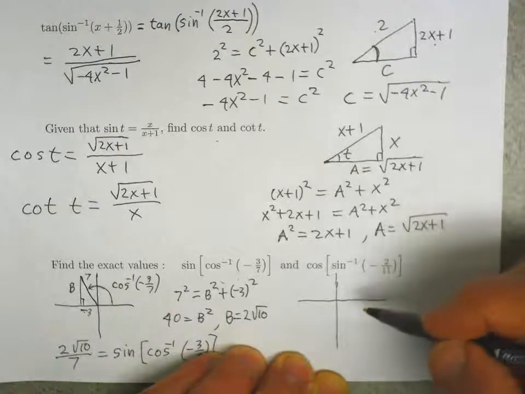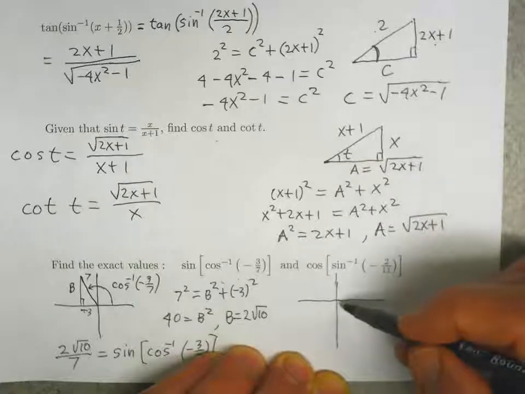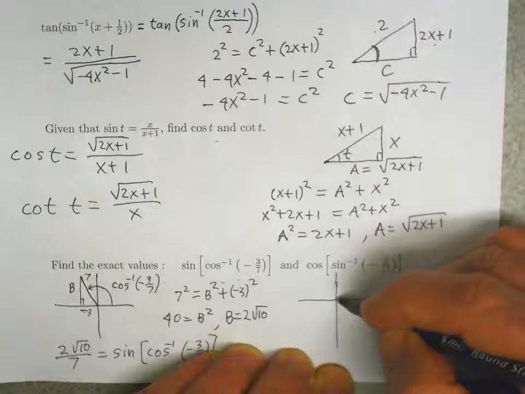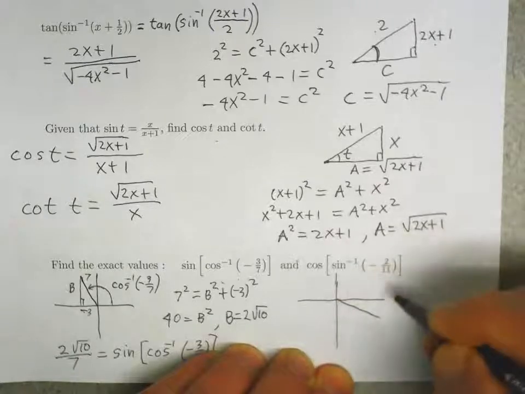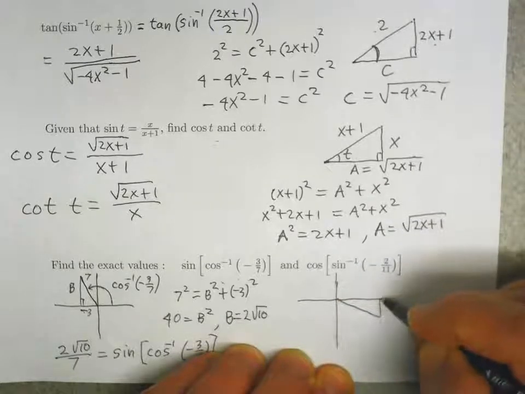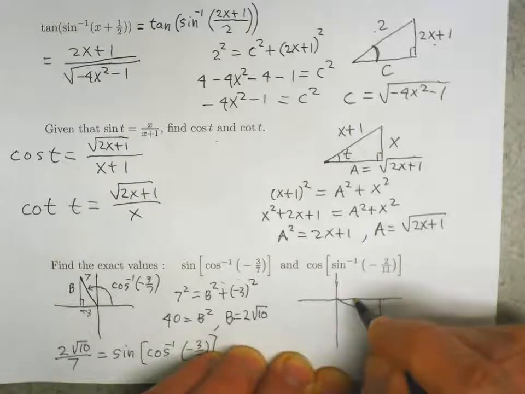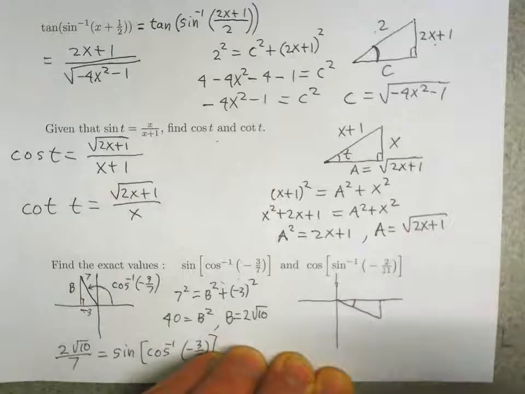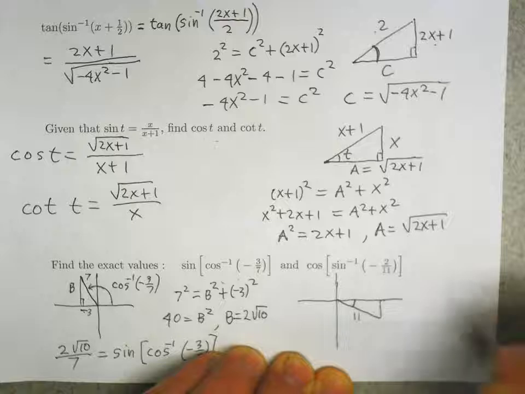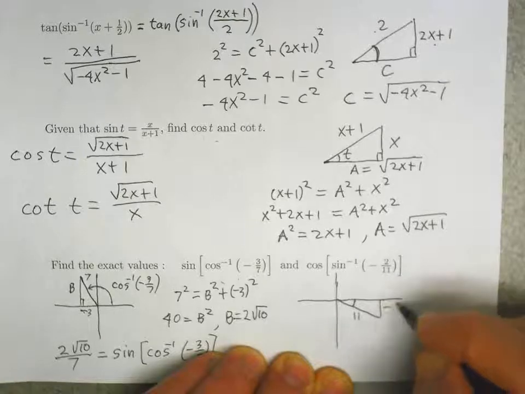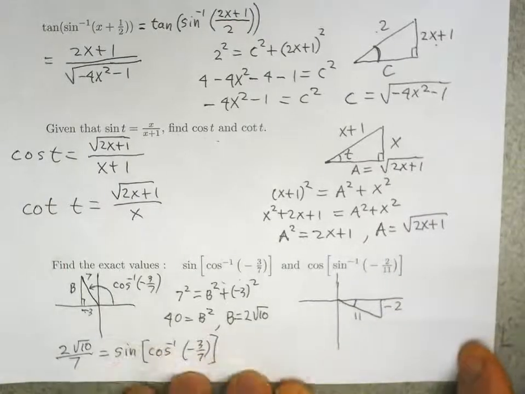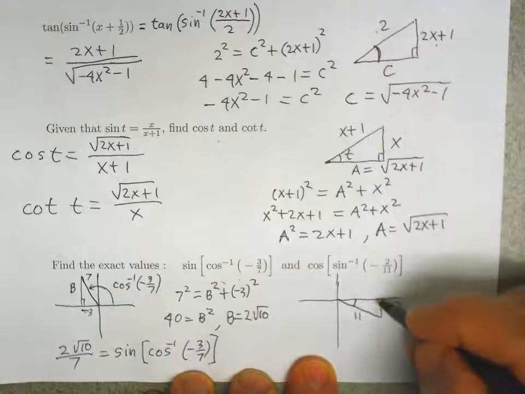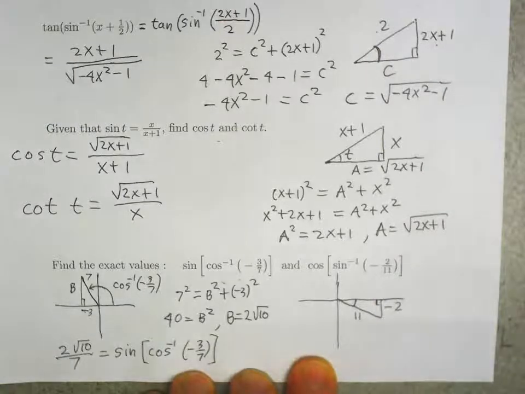So let's construct an angle, something like this. This is our angle. The hypotenuse is 11, and this opposite side is negative 2. But we just have a right triangle.